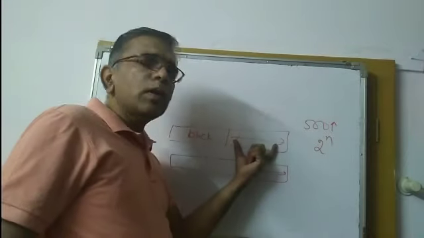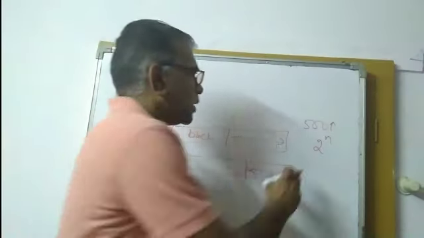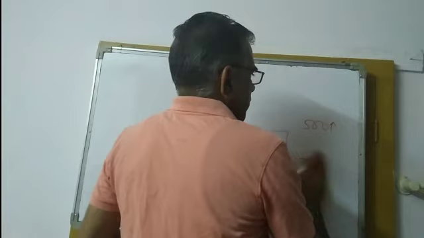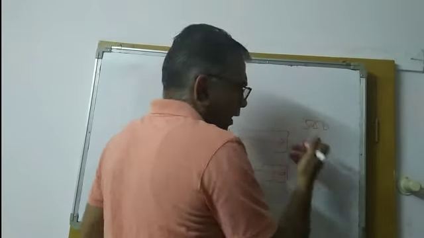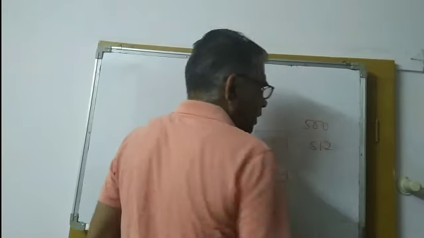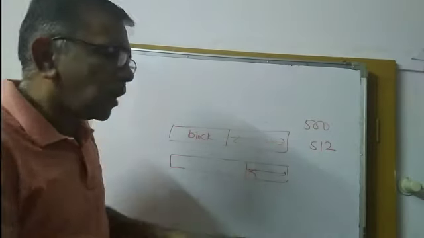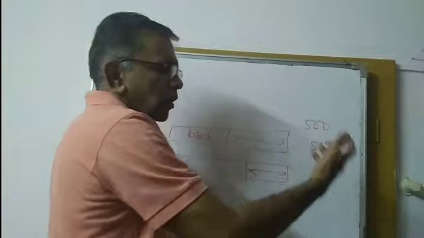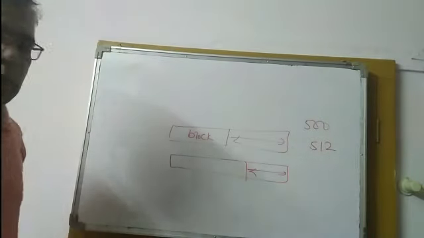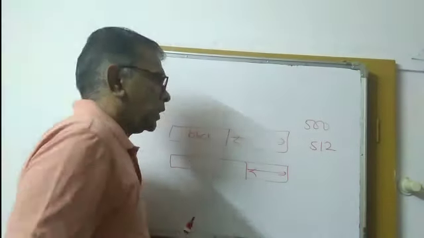That many will be allocated to him. For example, if he is asking for 500 IP addresses, he is going to be allocated 512 IP addresses, because here the allocation is done using powers of 2. So that idea has been used here.